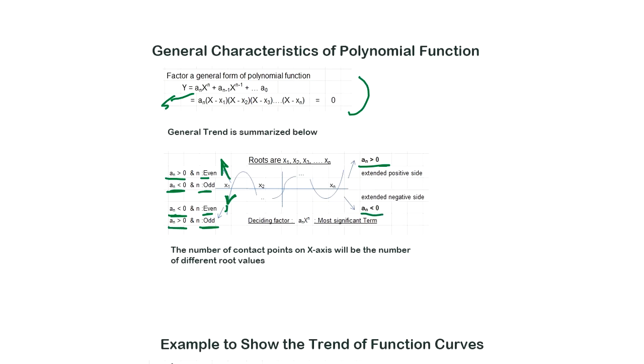If negative, it goes down. The deciding factor is the most significant term of the polynomial, the sign of a0, and whether this n is even or odd. You look at this, you can tell which way it goes.